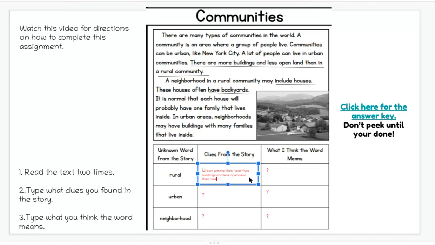And then also the part I underlined in the text, it has houses and backyards. Okay, so those are my clues from the story of what this word means.